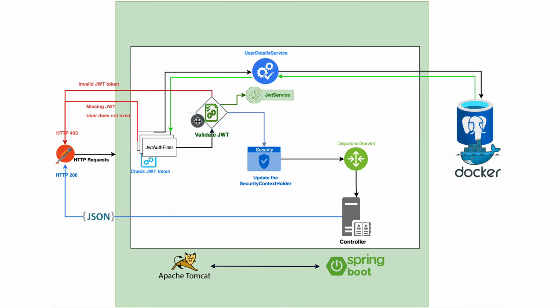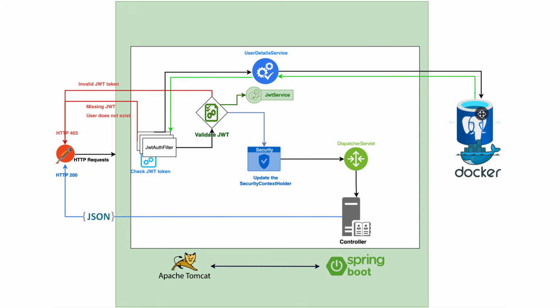This is based on the user email that we set as a claim, or token subject, that we extract within this JWT authentication filter. I repeat: this filter will check the JWT token, extract the username or email, which we call the subject when we talk about JWT tokens, and use that email to fetch the user details from our database. Okay, so this is the first call.